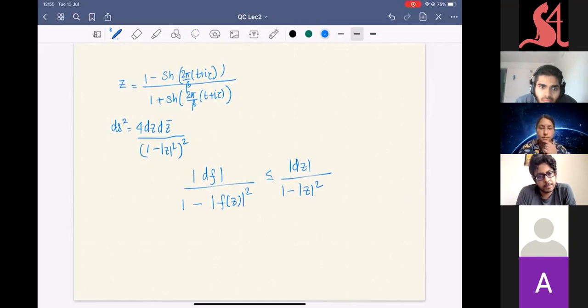In terms of the z variable, in the previous slide it was a function of t plus i tau, and then you employ this change of variable, z equal to sinh of something.